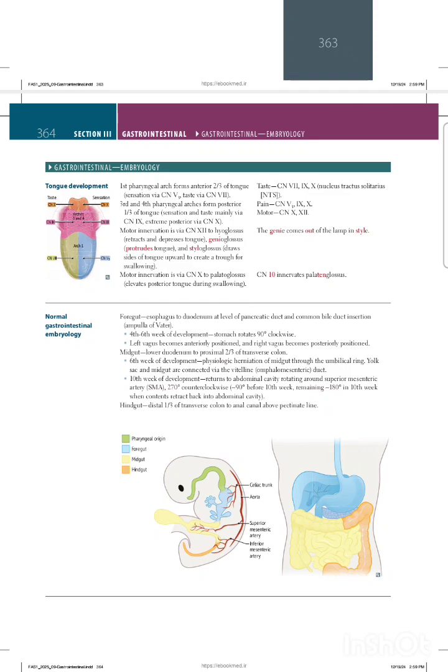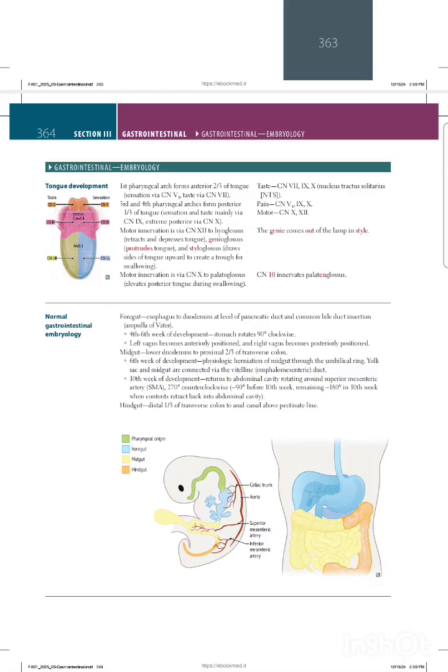So first, here we have first pharyngeal arch forms anterior two-thirds of the tongue, which innervation for sensation is via cranial nerve 5, and taste is with cranial nerve 7.